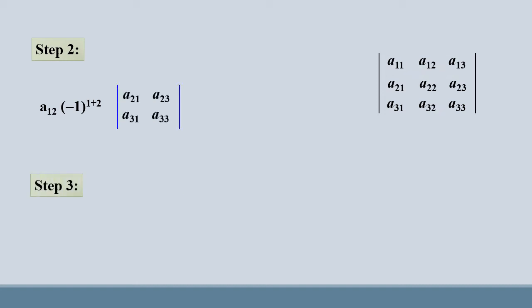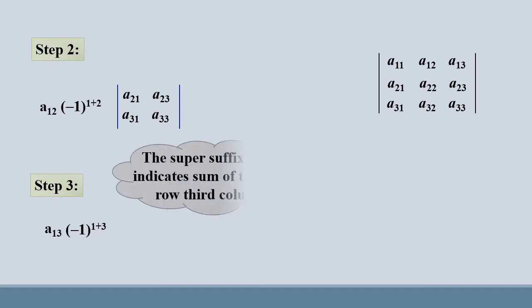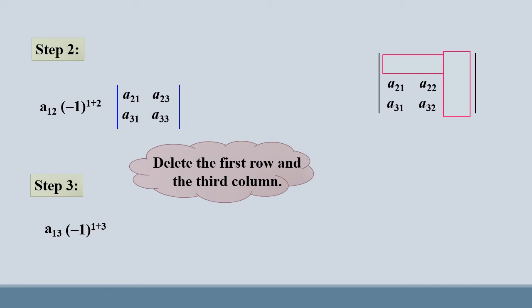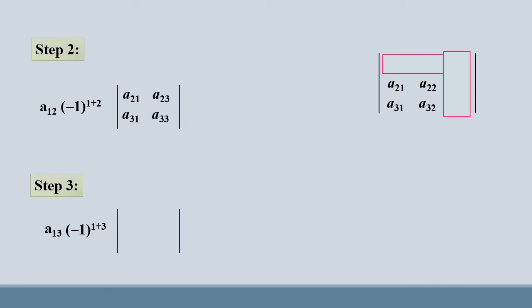Next, step 3: we consider the third element of R1, that is A13. The suffix for this is minus 1 raised to 1 plus 3, where 1 indicates the row and 3 indicates the column. So delete the first row and the third column. We get the 2 cross 2 determinant as A21, A22, A31, A32.